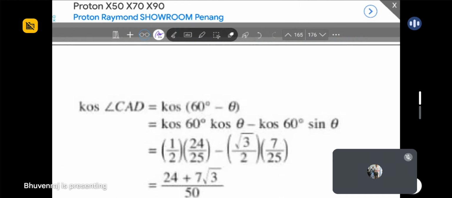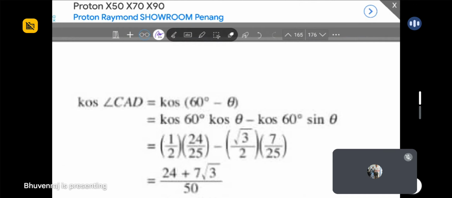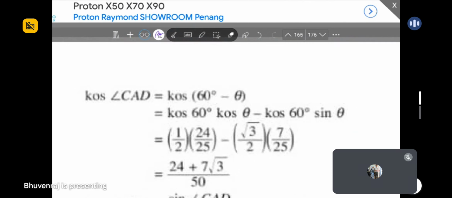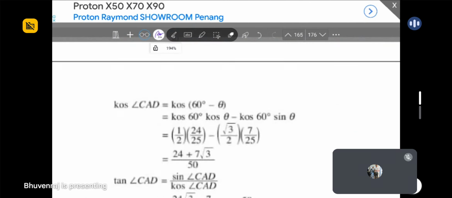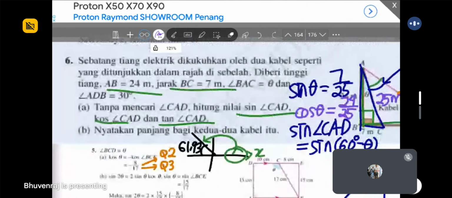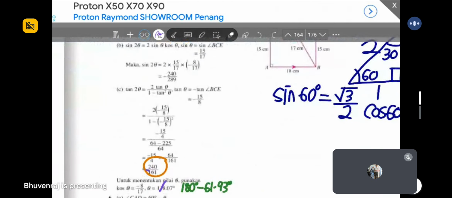Then you simplify, your answer should be 24 plus 7 root 3 over 50. Boleh dapat? Are you clear on this? So this is the concept over here for cos. And then the last part, they're asking you to find tangent, guys. Tangent CAD. So how do we find tangent CAD?